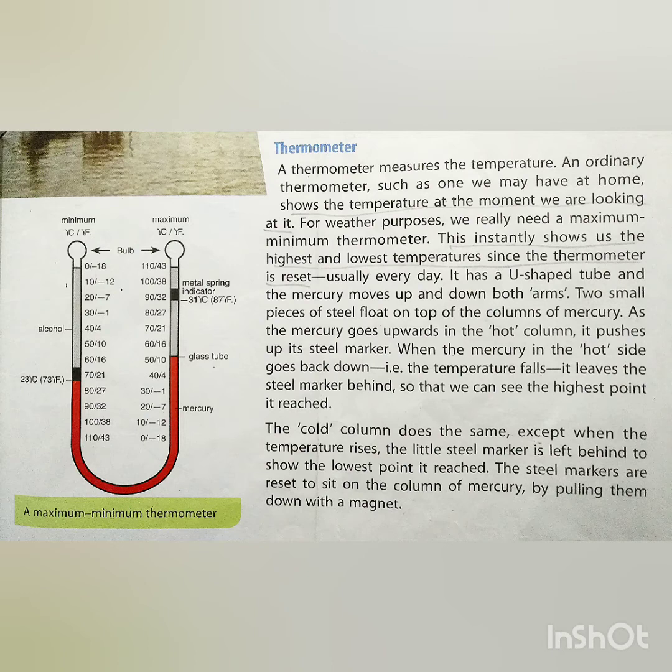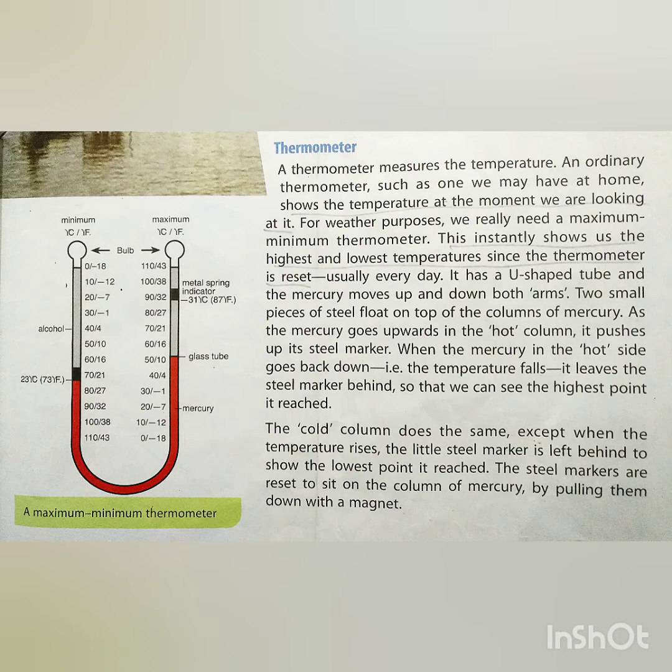when the temperature rises, the piece of metal on this side reaches the highest point, and if the temperature decreases from the hot column, that piece of steel remains at its place to show the highest temperature which was reached during that day.